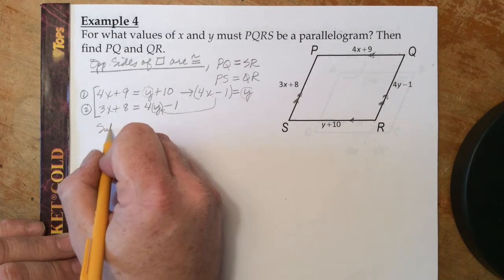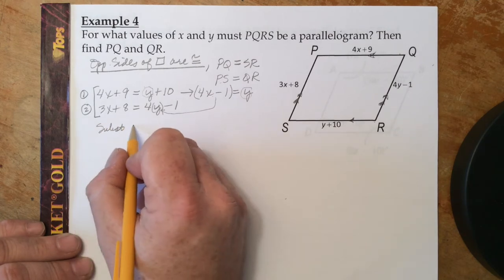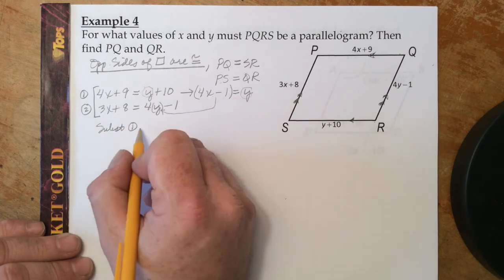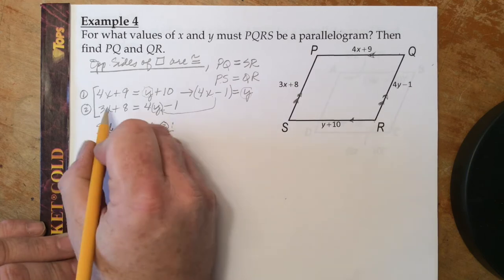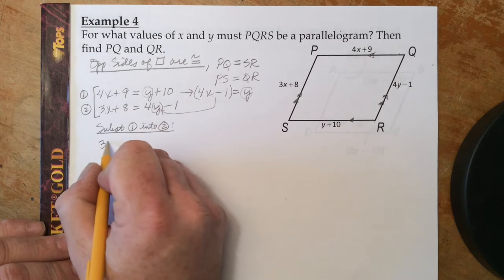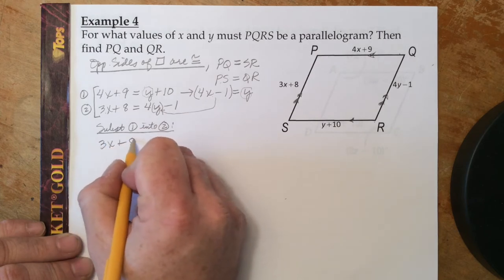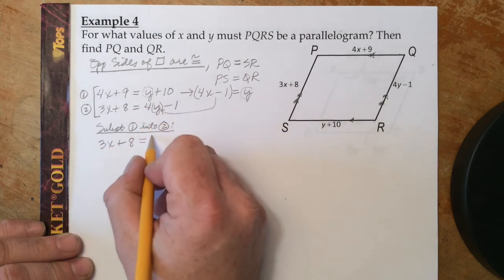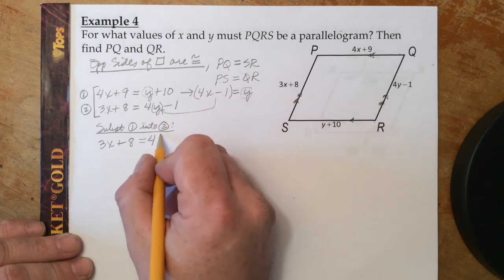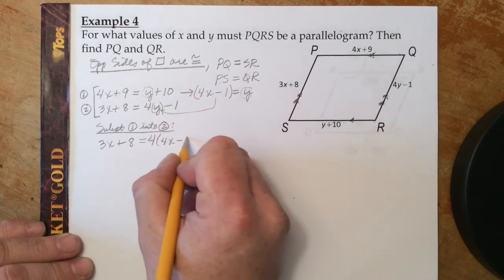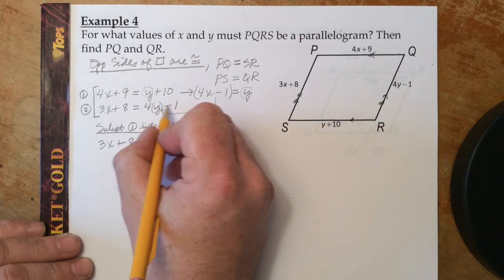So substitute equation 1, solved for y, into equation 2. Starting here, we have 3x plus 8 equals 4 times this expression for y, 4x minus 1, minus 1.